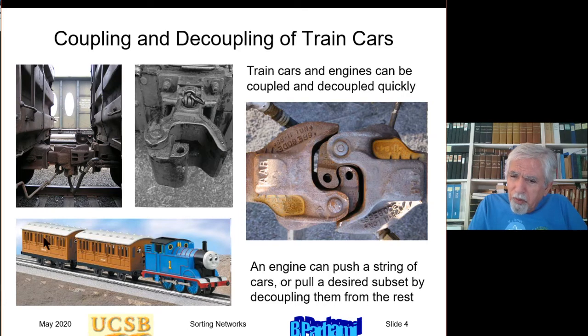On the other hand, if we want to increase the length of the train, we somehow bring a third car, push it against the second car, and then put the U-shaped pin in so that they get connected.